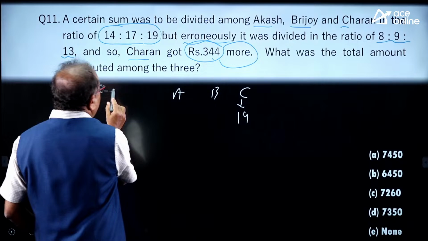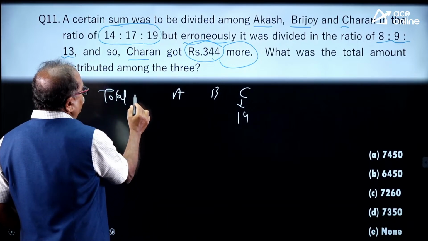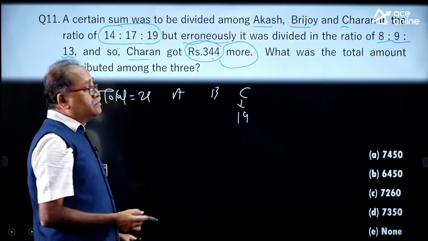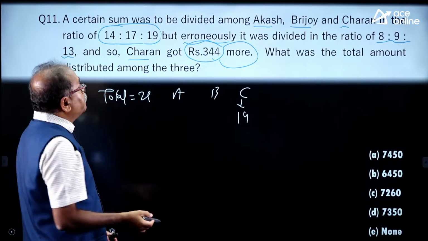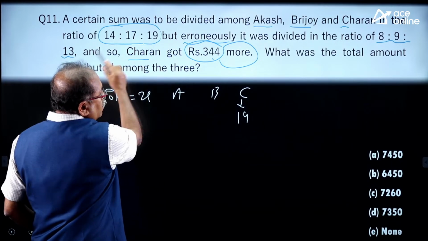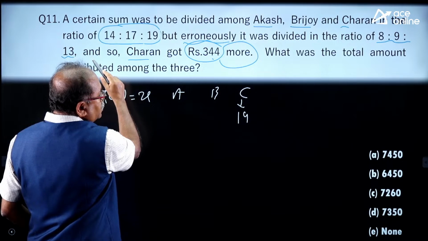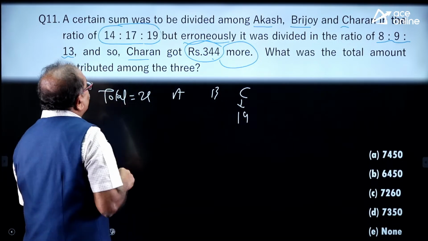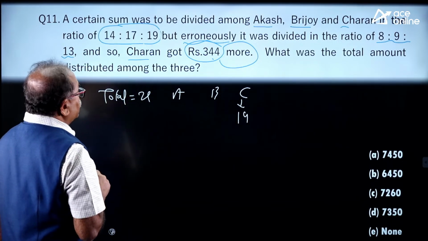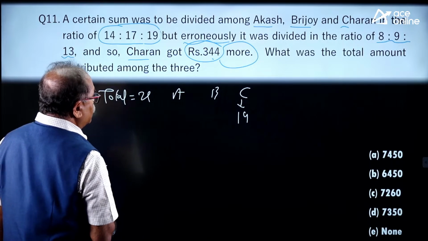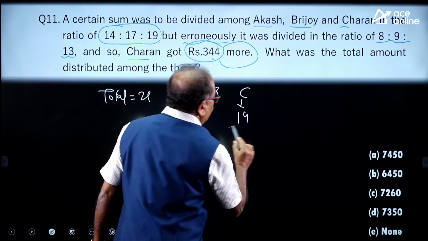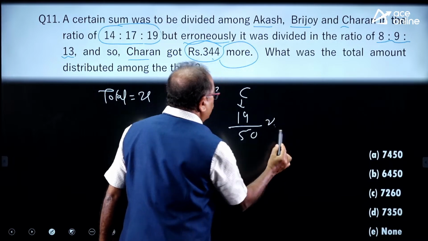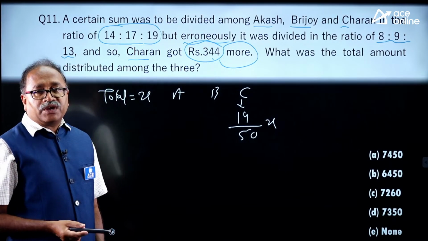I will consider the total is X. Total money is X. I need to find out X here. So C is 19 parts out of how many parts total here? That's 14 plus 17 plus 19. That gives us 50. He has to get 19 by 50.